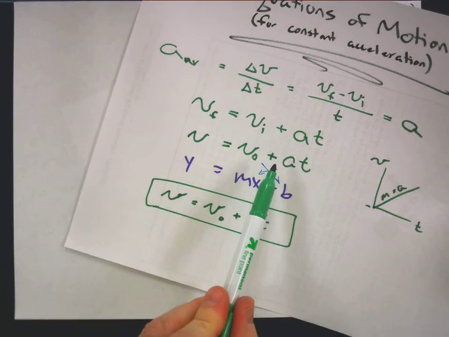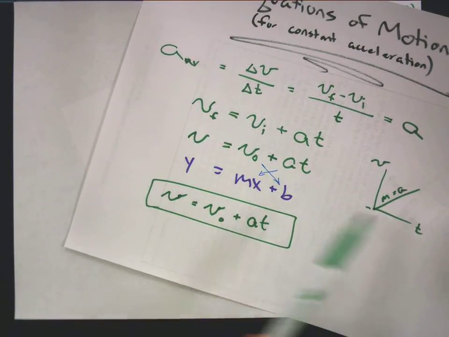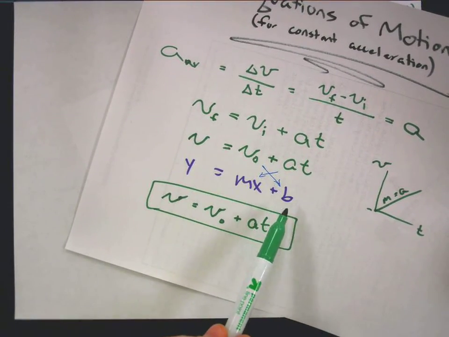Now, I mentioned graphical relationships where you had something like this. If you view this on a graph, you get this form y equals mx plus b, right? Well, there's more to it.